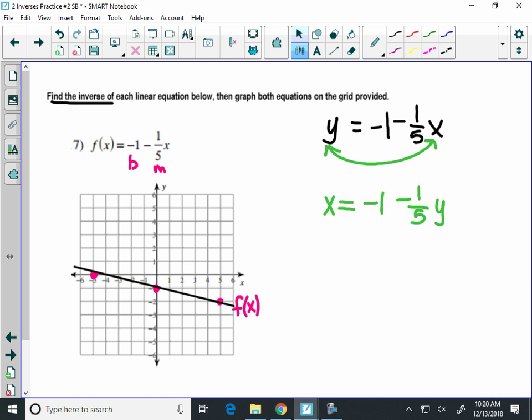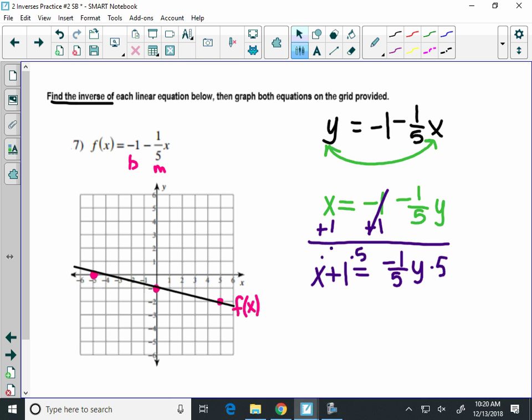Now we just need to get y by itself. So we'll start by adding 1 to both sides, which will give you x plus 1 equals negative 1/5 y. And you need to clear the denominator of this fraction by multiplying every term by 5.